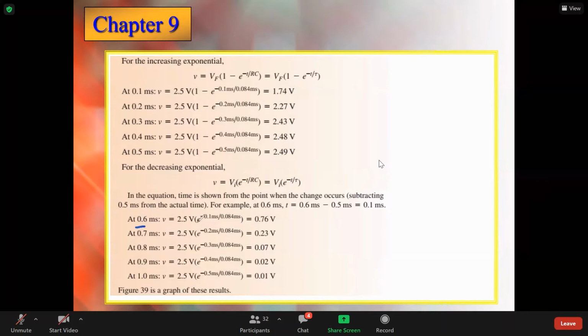But what exactly value we need to put? 0.1 millisecond, another 0.2 millisecond, another 0.3 millisecond, after 0.4 millisecond, 0.5 millisecond. You can see, after 1 millisecond this much voltage will remain, this much voltage will remain, this much voltage will remain, and finally 0.01 volts will remain after 0.5 millisecond.